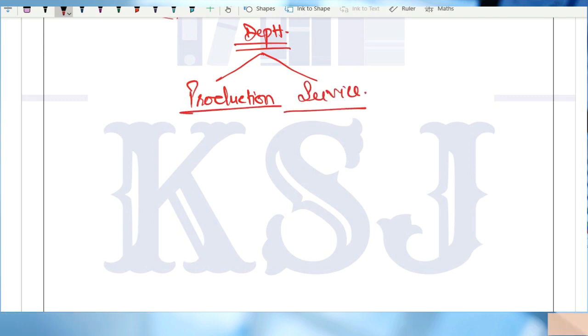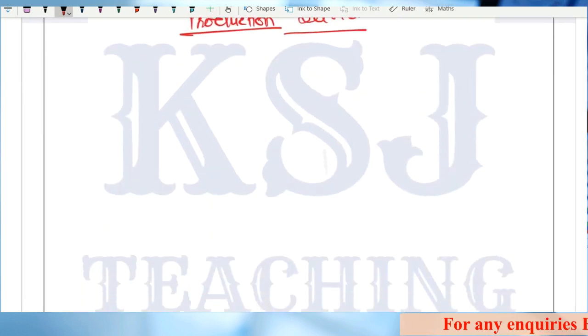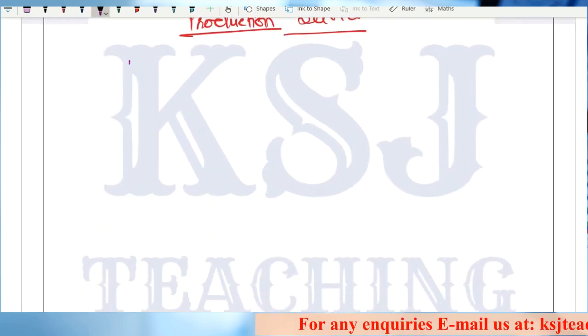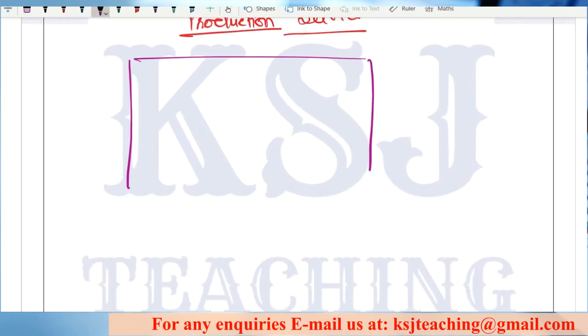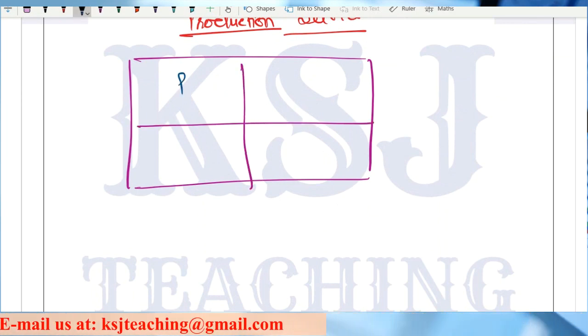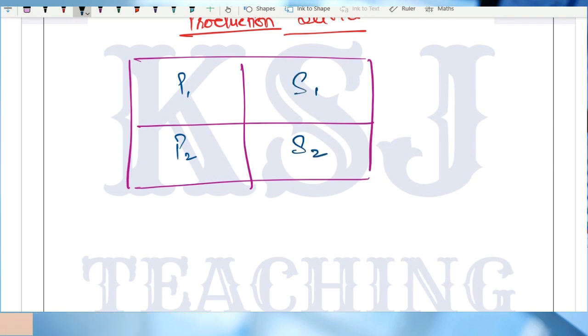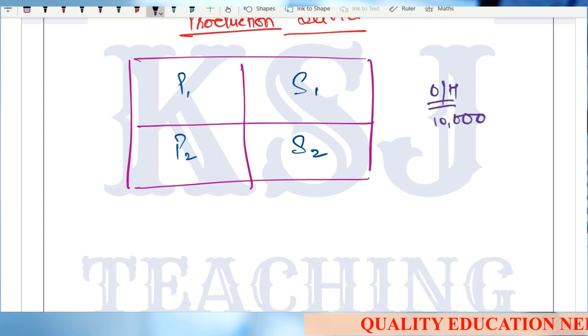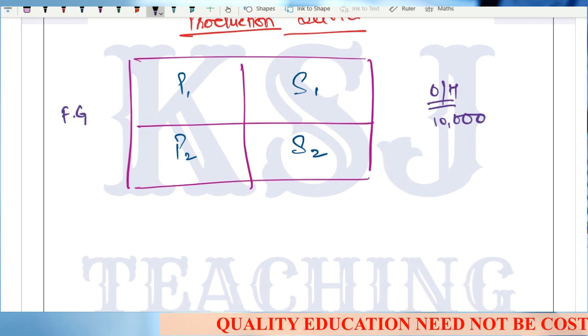Now, what are the stages that we have discussed? We say that this factory area is divided into 4 parts. P1, P2 are the 2 production departments. S1, S2 are the 2 service departments, right? And here we have the overheads, say 10,000 rupees of overheads. And here we have finished goods, right?